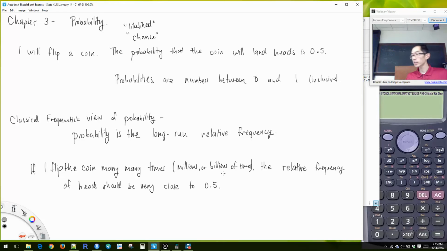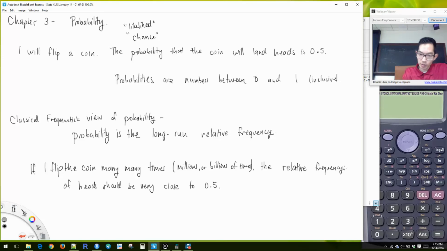And this touches upon the idea of maybe the empirical probability versus the theoretic probability, okay? So the empirical probability is really just our observed relative frequency, okay?